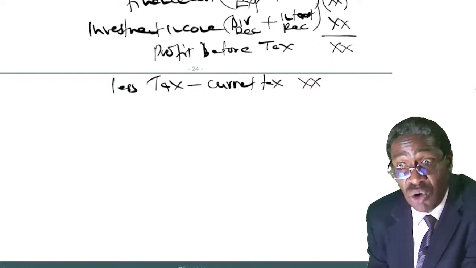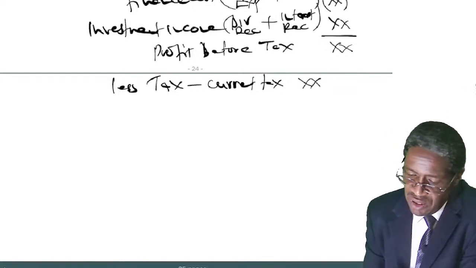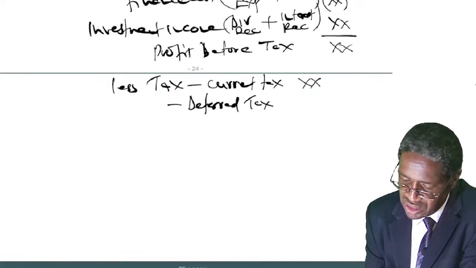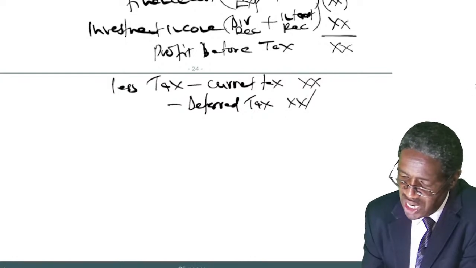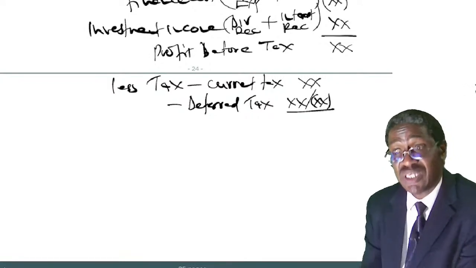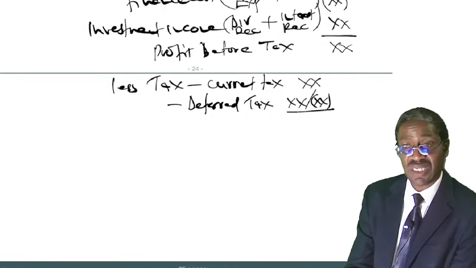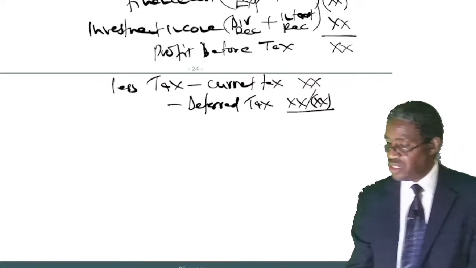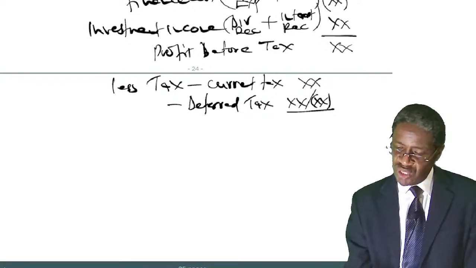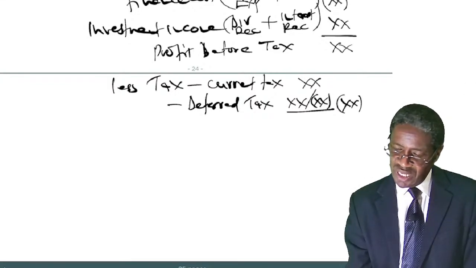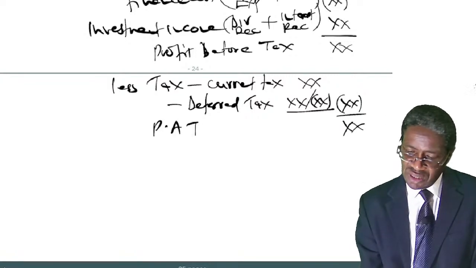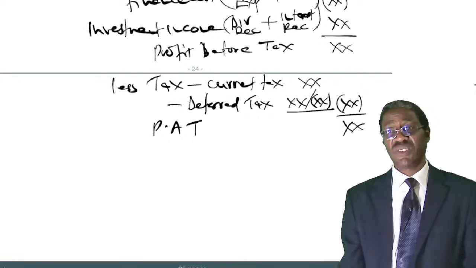Then you may be required to adjust it with what we call deferred tax. There are times you add, there are times you minus, depending on the way the question has been set. We shall discuss that in a short while. Then get the net, and get what we have called profit after tax.